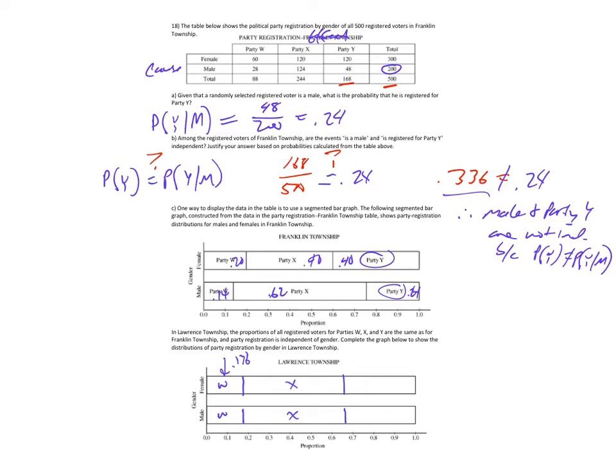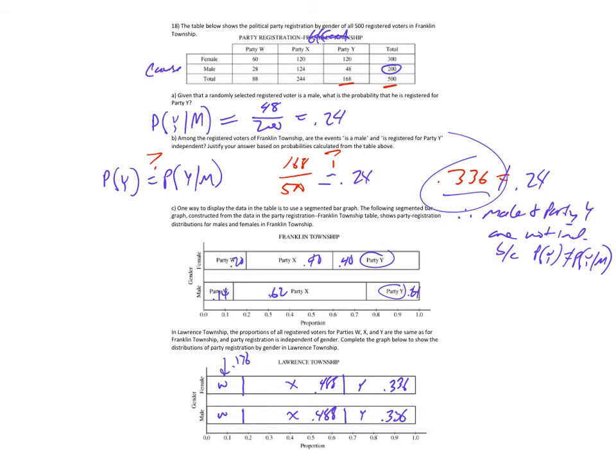These would be party X, and that's 0.488. And so combined, those two add up to about 66.4%. Which means the remaining folks would be party Y, and party Y then would be the remaining 168 out of 500, or 0.336, which is what we found already up in part A in that independence question. So this is what the graph would look like if gender didn't play a role in your political preference.